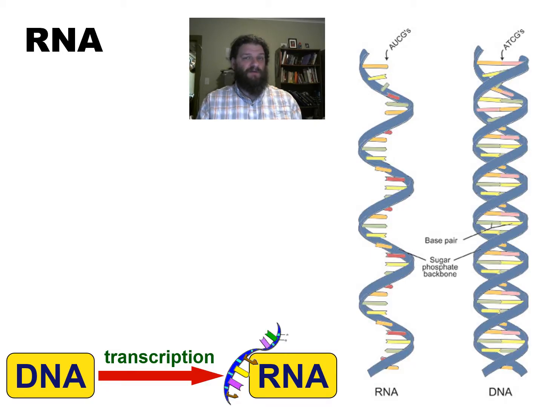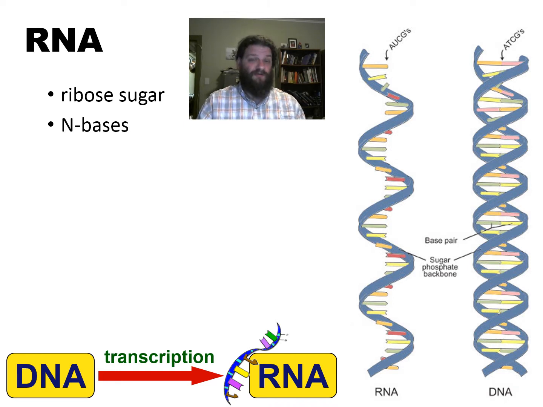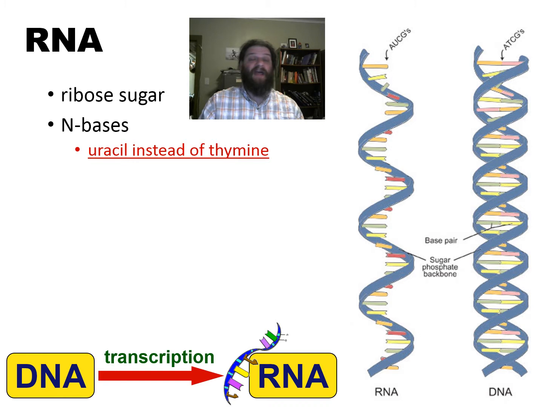One of the main players in this transcription game is RNA. RNA is very similar to DNA. It has a ribose sugar instead of deoxyribose sugar. It has nitrogenous bases in it, so it's a ribose sugar and a phosphate group and a nitrogenous base. And indeed, it has all of the same bases, except instead of thymine, it has uracil.